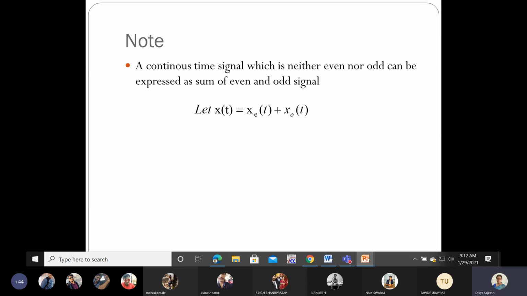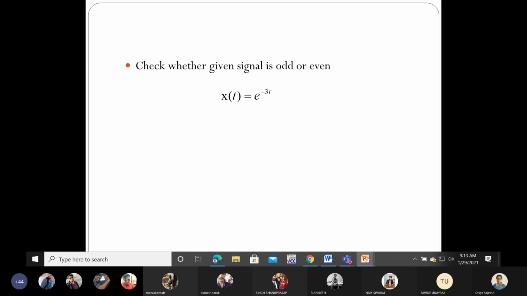I will denote the even part as x e of t and the odd part as x o of t. The formula for obtaining the even part is half of x of t plus x of minus t, and for obtaining the odd part the formula is half of x of t minus x of minus t.